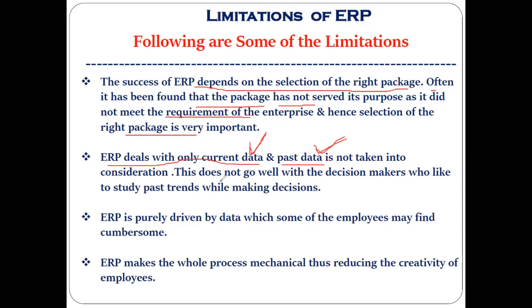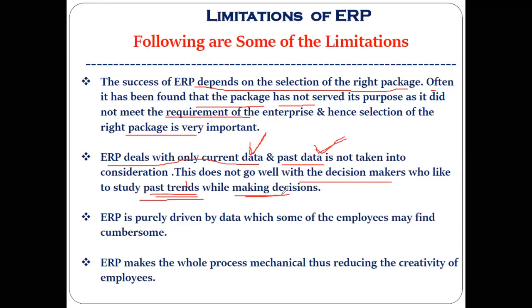Now, some of the company administration or some of the company managers might have to take decisions by studying the historical trends, past data. Some of the managers might need to consider the historical data or the past data to make the decision.